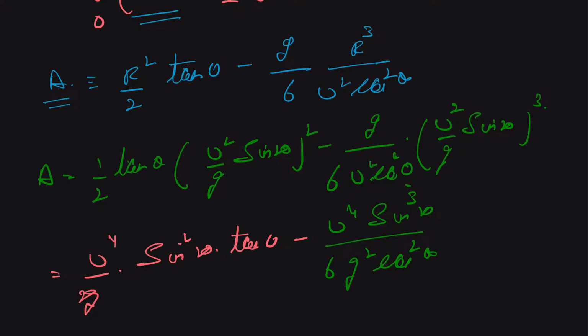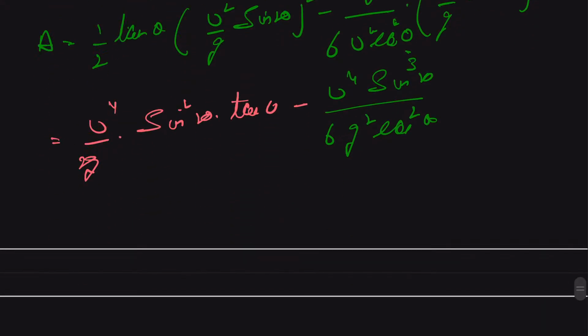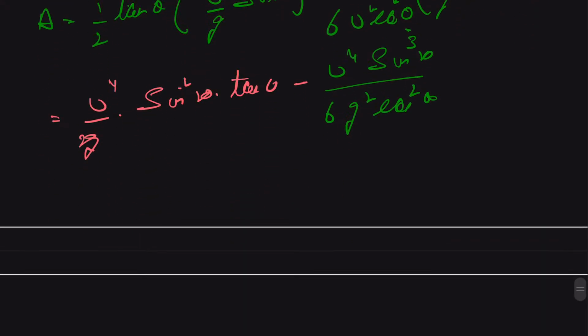Now we can further say that sine 2 theta is equal to sine theta cos theta. Let us solve it. It will take a little bit of time, but it is quite easy.